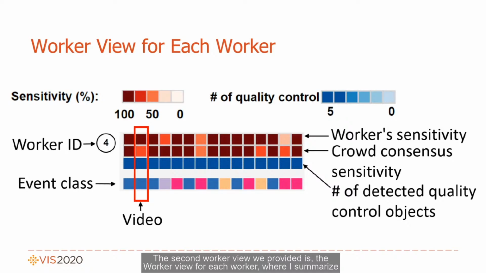The second workers' view we provided is the workers' view for each worker, where we summarize all the tasks each worker completed. For each video a worker annotated, we display the sensitivity of the worker in the first row, the crowd consensus sensitivity in the second row, the number of quality control objects detected by the worker in the third row, and the worker's event class in the last row.